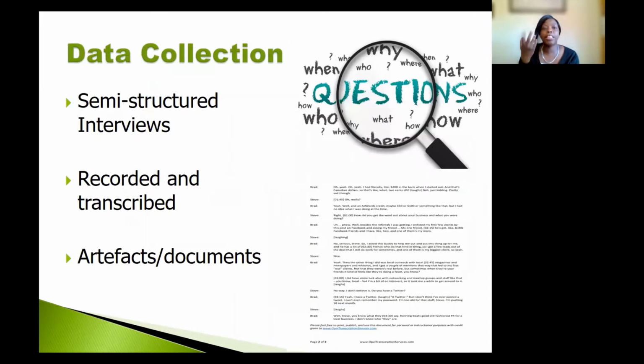Okay, in terms of data collection, as I mentioned before, it'll be a semi-structured interview. And I think through this process of collecting the data, I understand the importance of being objective.